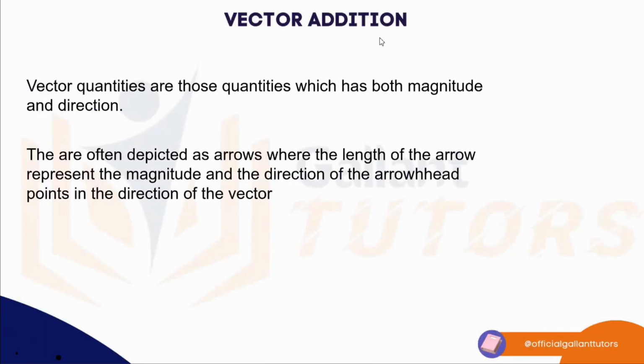All right. So first, before we move into what vector quantities are, what do you understand by vectors? I'm very sure you all know what a scalar quantity is too. Vector quantities are those quantities which have both magnitude and direction. When they say magnitude, what do you mean by magnitude?